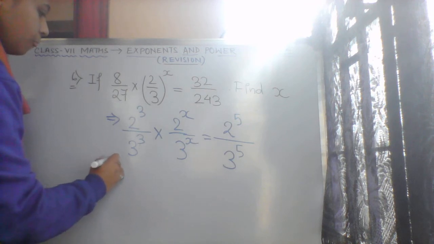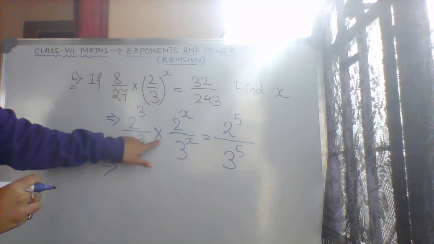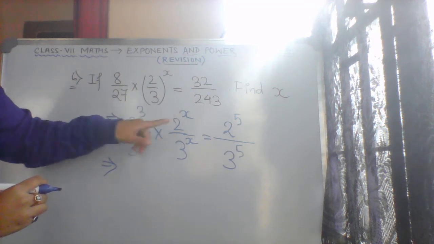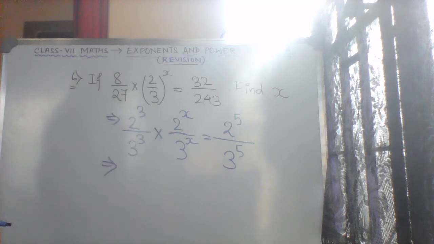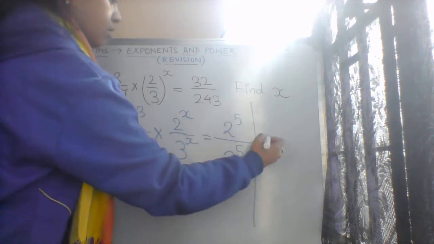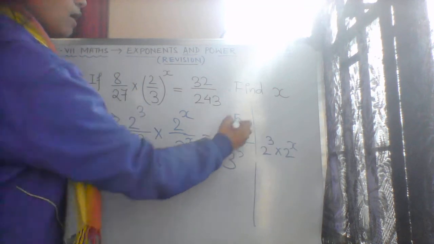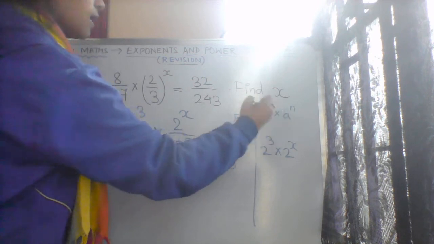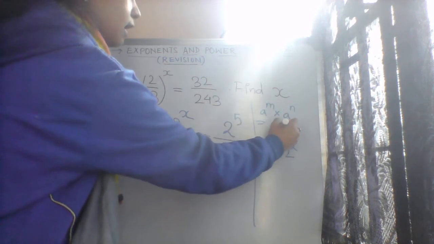Now since there is multiplication, 2 to the power 3 into 2 to the power x. You have learnt about that: a to the power m into a to the power n. What is that? a to the power m plus n.